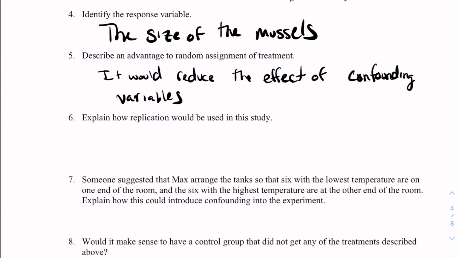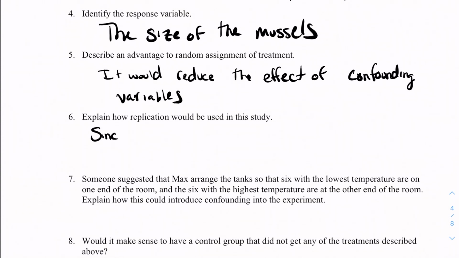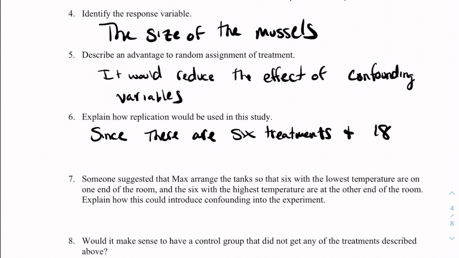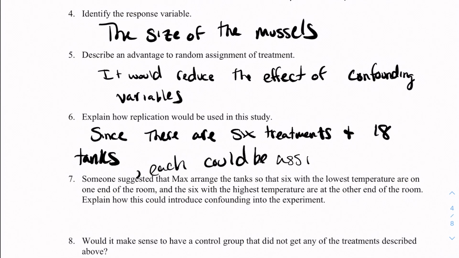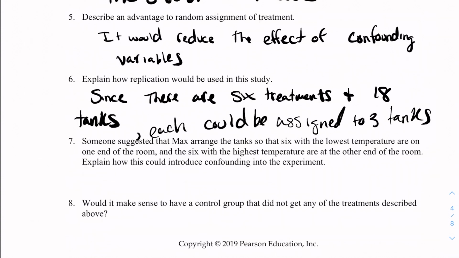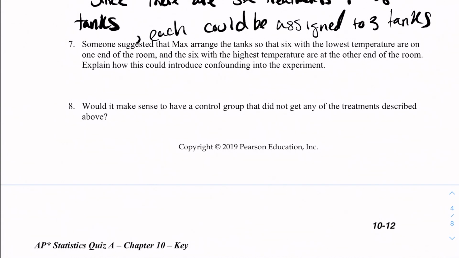So knowing that there's 18 tanks and 6 treatments, each could be assigned to 3 tanks. This allows for replication inside our study to verify or refute any of the findings that we have.